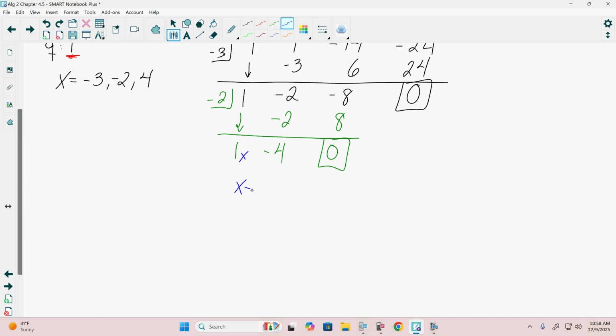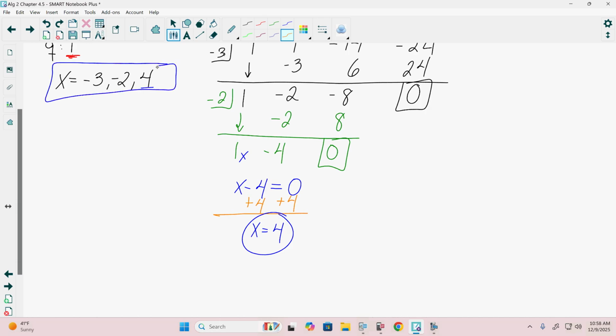Leaving us with x minus 4 as our last expression. We fill the variables back in. Negative 4 is our term without x. 1 is our term with x. And if we solve this by adding 4 to both sides, it tells us x is indeed equal to 4, which the graphing calculator already told us.